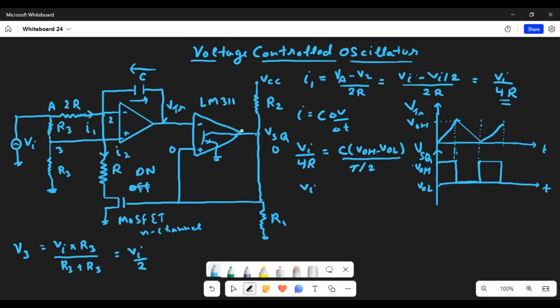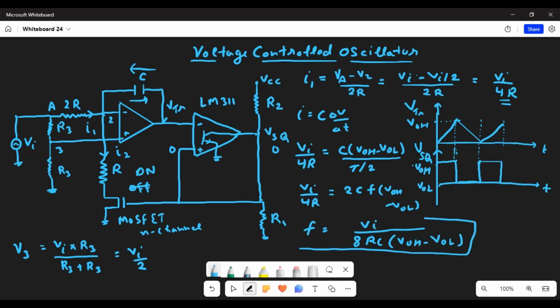So Vi upon 4R equals 2 C F, because 1 upon T equals F, times VOH minus VOL. So the frequency F will be Vi upon 8RC, in brackets VOH minus VOL. So we are able to control the frequency using the input voltage, and of course there are components R and C as well.